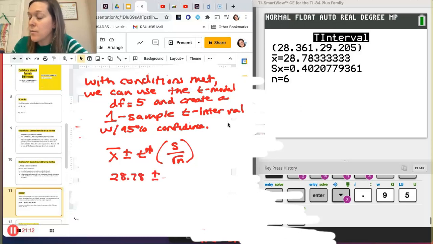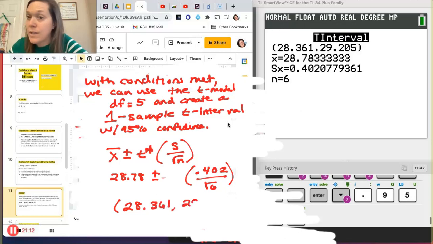We have to do some calculator work to get that t crit, but I'm going to leave that blank for now. And then my standard deviation of the sample was 4.02 over the square root of 6. And then I'm going to jot down what the interval was: 28.361 to 29.205.